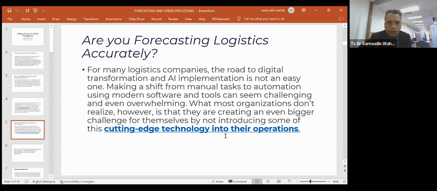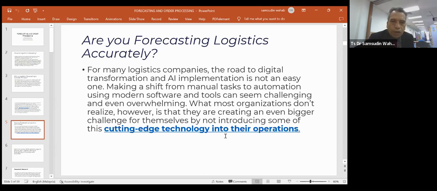Intuitive planning can consider several factors, like any seasonal level, rainy season, dry season. Like in Europe, we have four seasons. These seasons will help us in this intuitive planning to come out with very good forecasting numbers.